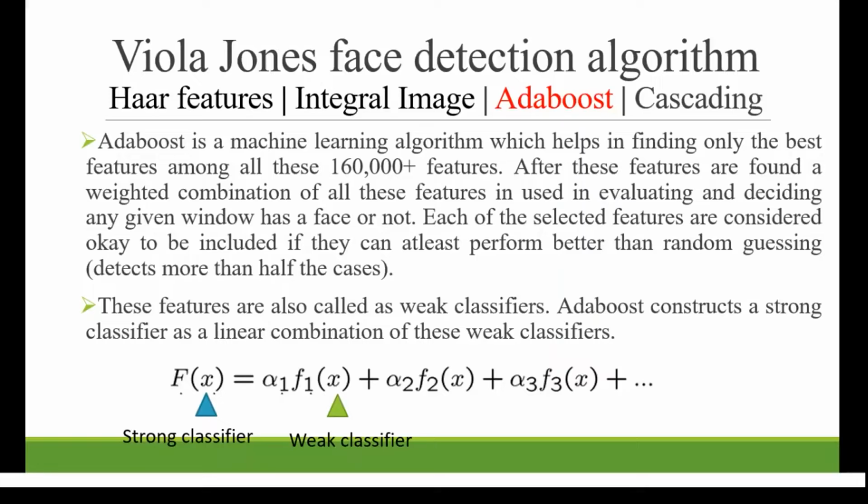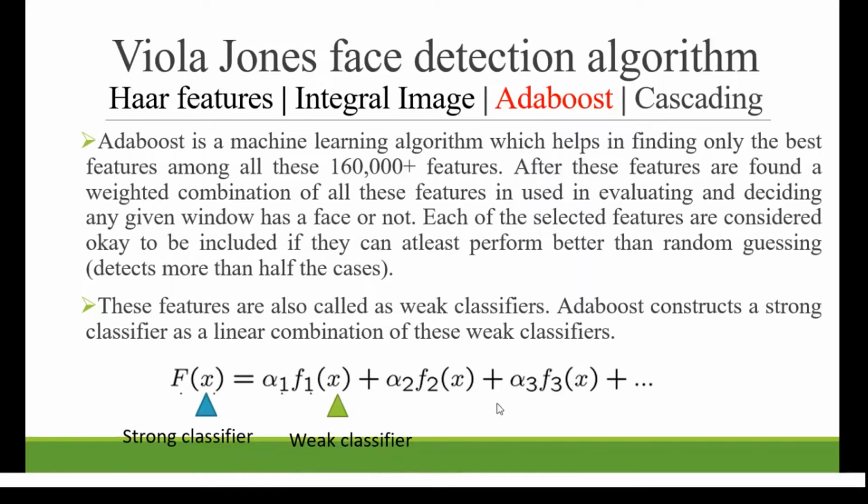Each of the selected features is considered okay to be included if it can perform better than random guessing. So after we take all these features, we'll include only those that perform better than random guessing, and we'll make a function. For example, suppose this is one of the features, this is another feature, and this is a third feature.